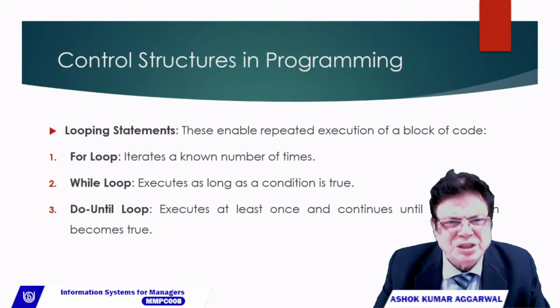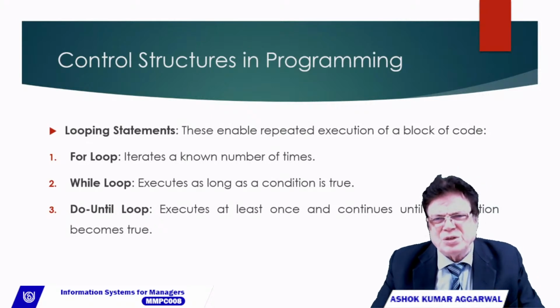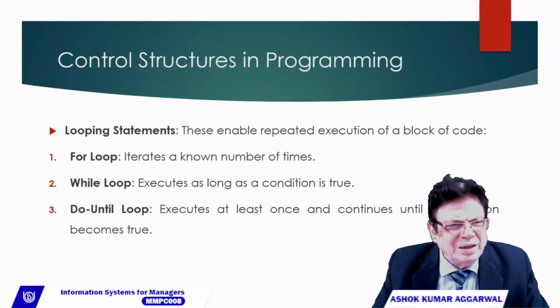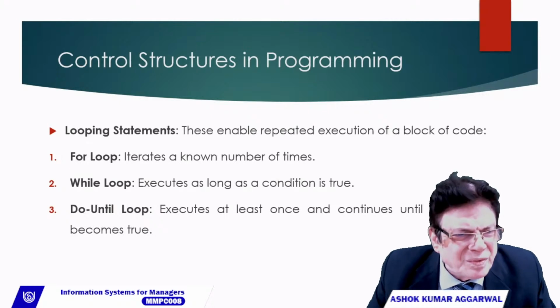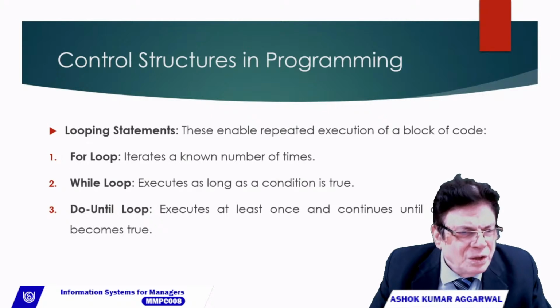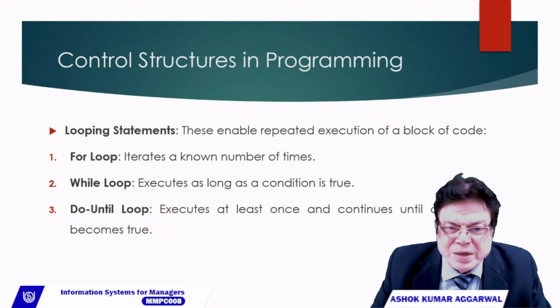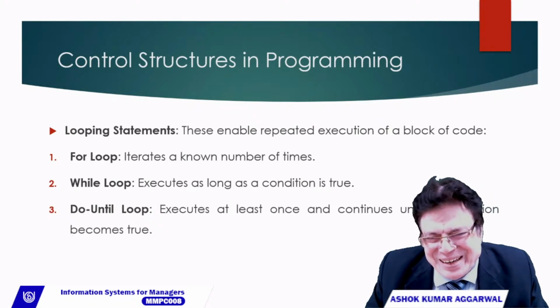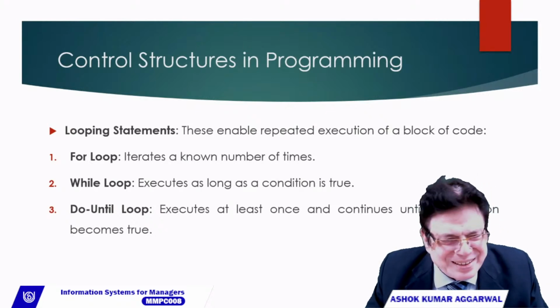Looping statements enable repeated execution of a block of code. A for loop iterates a known number of times. A while loop executes as long as a condition is true. A do until loop executes at least once and continues until a condition becomes true.